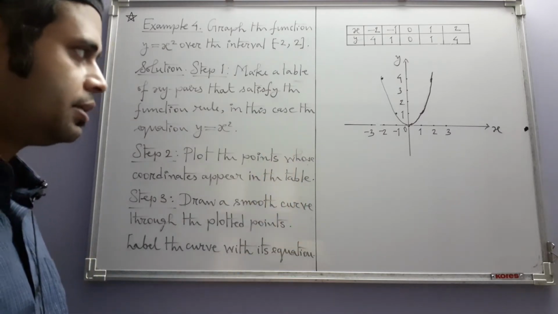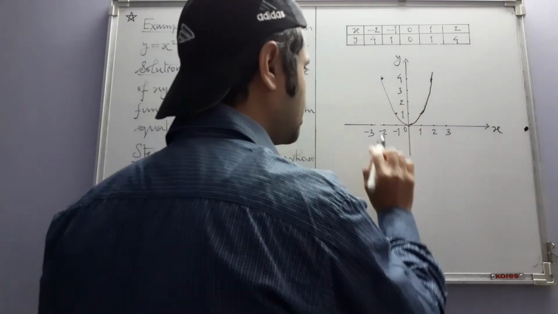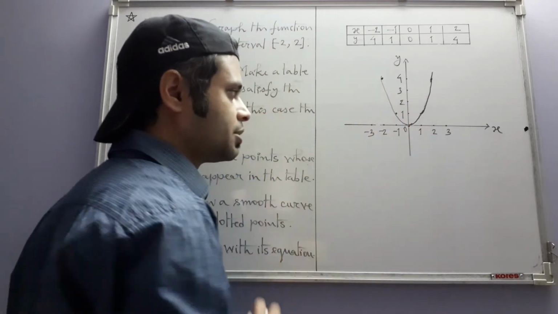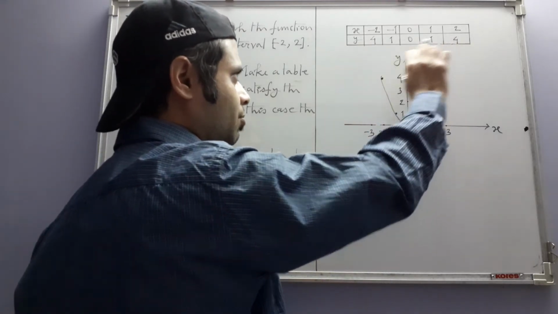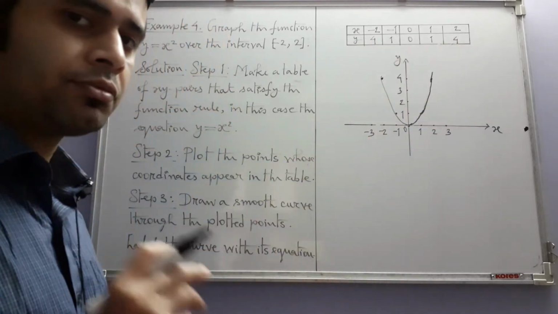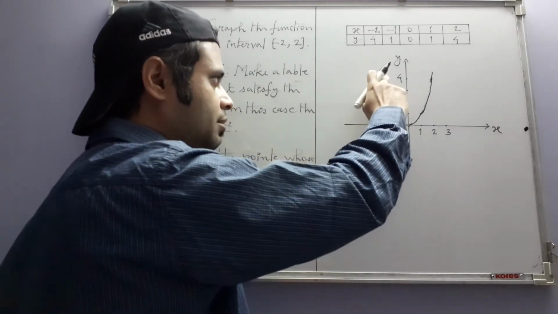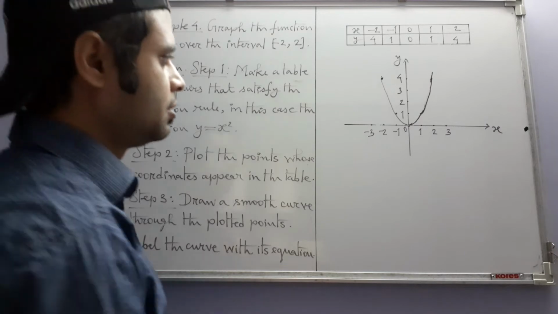But the question is, how do we know how the curve looks between two consecutive points? Because we have plotted only finitely many points. So you will get one point after another, consecutive points.